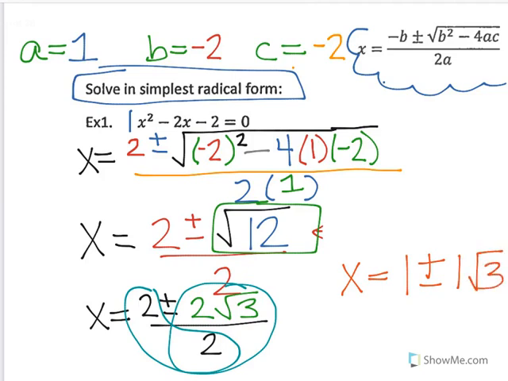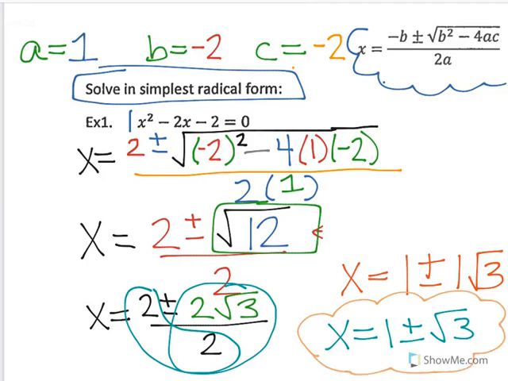If you don't like writing the 1 in front of the radical, it's the same as how I wouldn't normally write a 1 in front of x. Then I can write my final answer as x equals 1 plus or minus radical 3. And that is my final answer in simplest radical form.